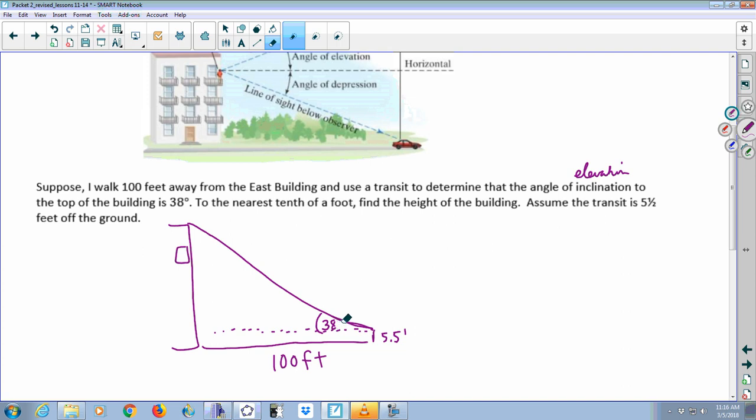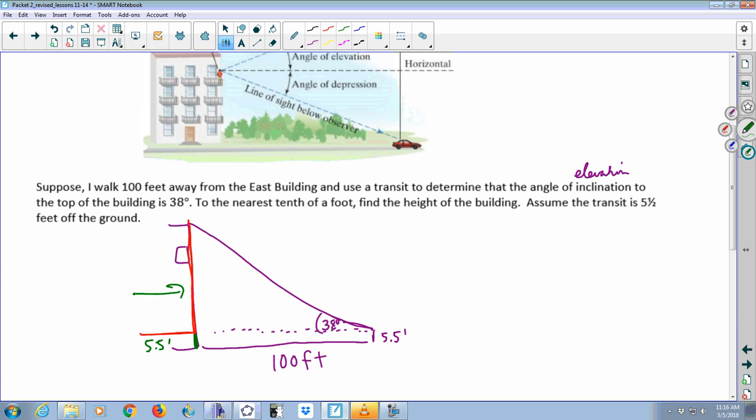All right. So I want to find the height, this entire length here. So I know right now that this green height is 5.5 feet. So I have to find the length of that side right there.